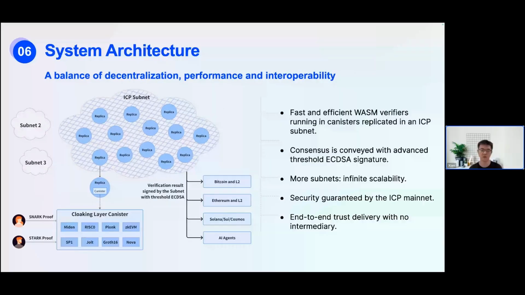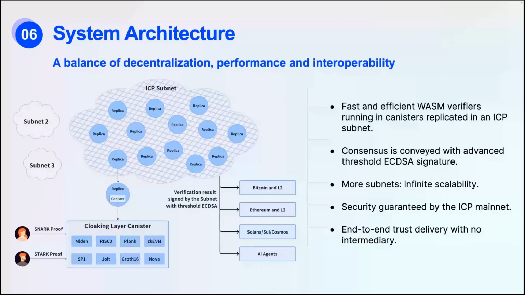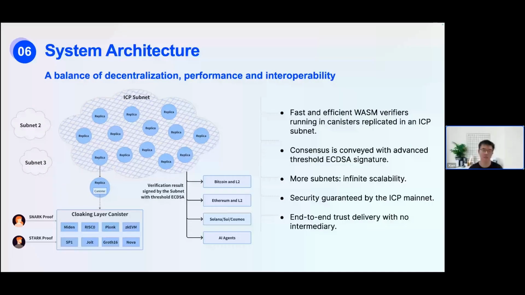We can send the verification result to an AI agent, which will drive the agent to do some interesting work. So this is a high-level overview of the architecture of the system. The most important components here are the canister that runs the zk verifier, and the threshold ECDSA signature capability from ICP, so that we can send the result to different networks.